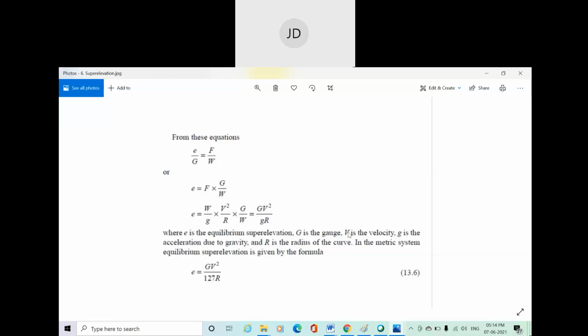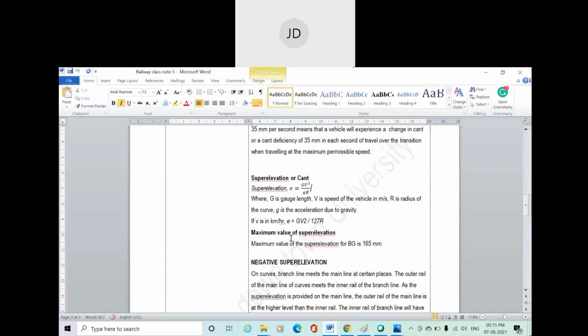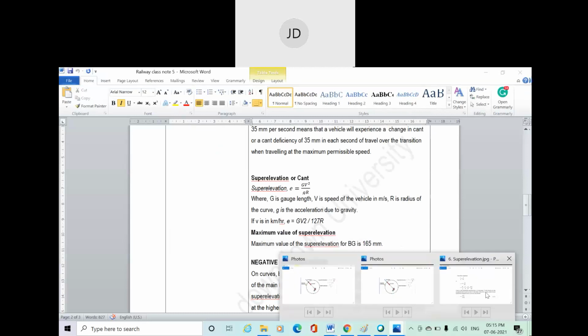V is your velocity, small g is your acceleration due to gravity, capital R is the radius of curvature. In the metric system, equilibrium super elevation is given by the formula: if you are writing V in kilometer per hour, you will have G V square by 127 R. These things we have given here also. G V square by 127 R, and this is the explanation of how it comes.